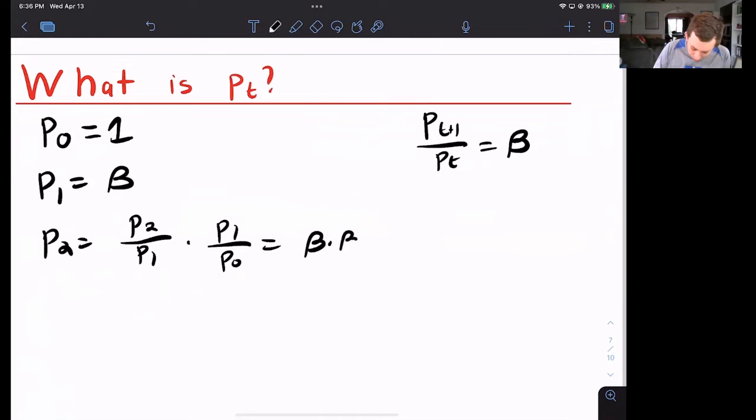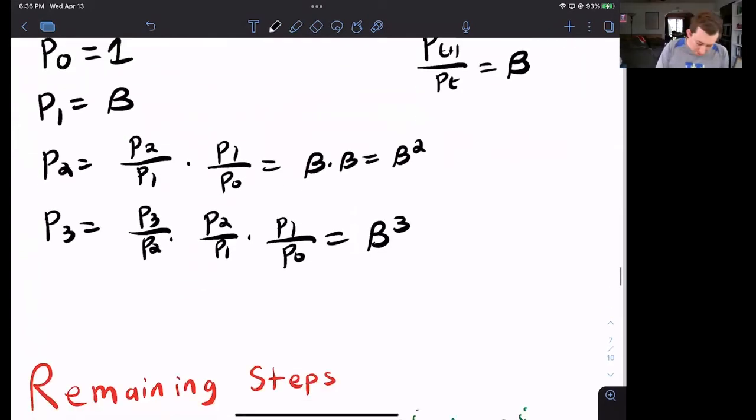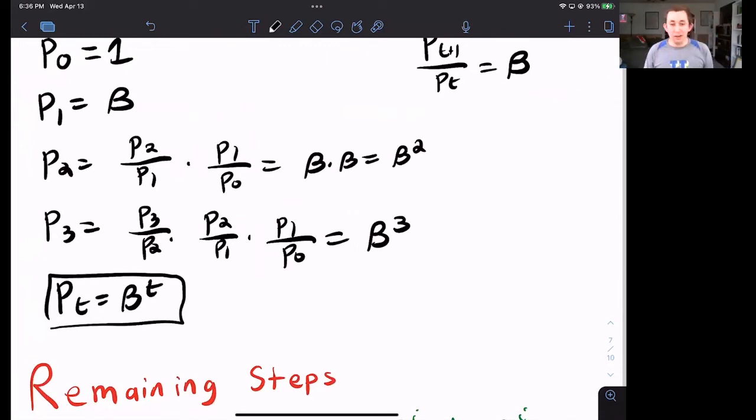Both of those are just beta, so we get beta squared. If we do p_3, well, p_3 is just p_3 over p_2 times p_2 over p_1 times p_1 over p_0, which is equal to beta cubed, which means that p_t is just equal to beta to the t.